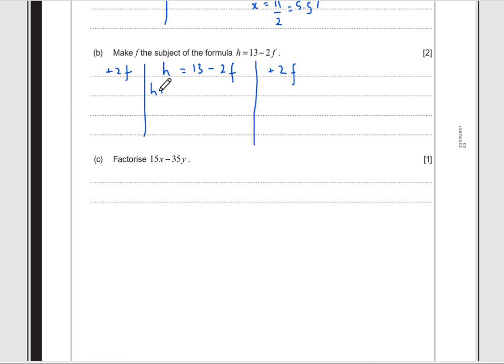So h plus 2f is equal to 13. Then if I want to make f the subject, I want to get f on its own over here. So I'm going to subtract h on both sides. And then finally divide by 2.